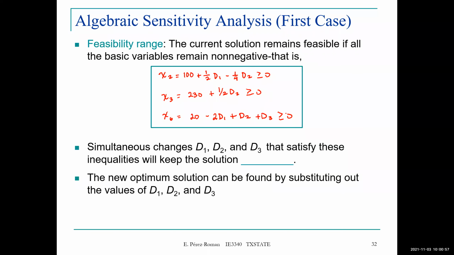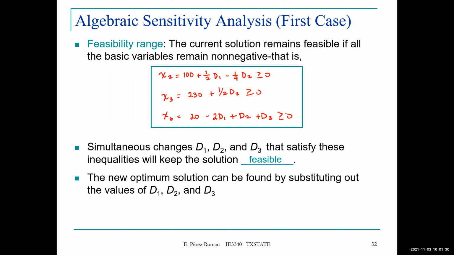So simultaneous changes to d1, d2, and d3 that satisfy these inequalities will keep the solution feasible. So if I decide to increase d1 by 1 unit, I need to make sure that that change is not impacting these equations. For example, if I make d1, let's say 11, and d2 and d3 0, I know 2 times d1 will be 22, so 20 minus 22 will not be greater or equal to 0.